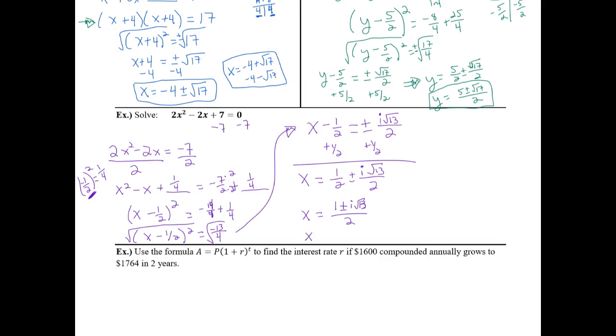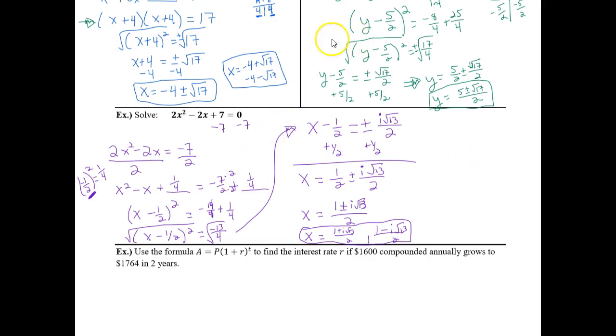Again, your homework will probably make you split that up as 1 plus i square root 13 over 2 and 1 minus i square root 13 over 2. It may even have you write it in the form a plus bi. Again, just pay attention to the directions.